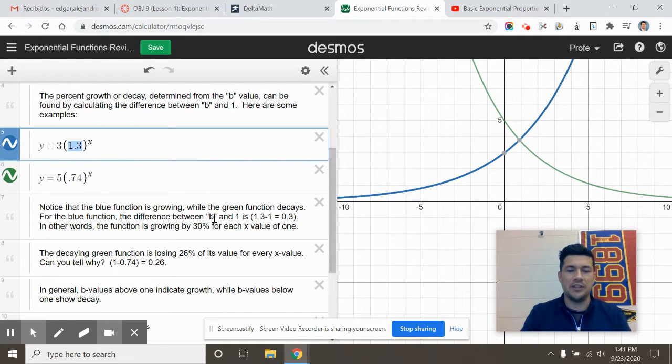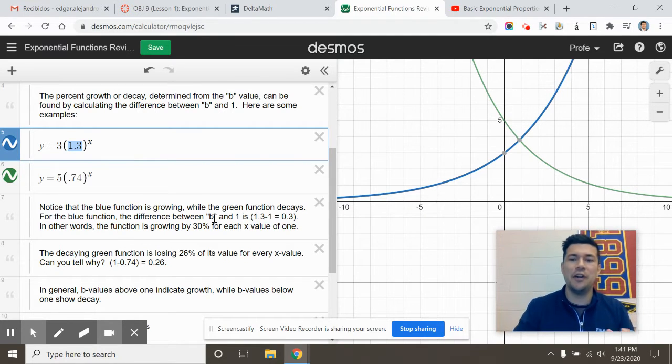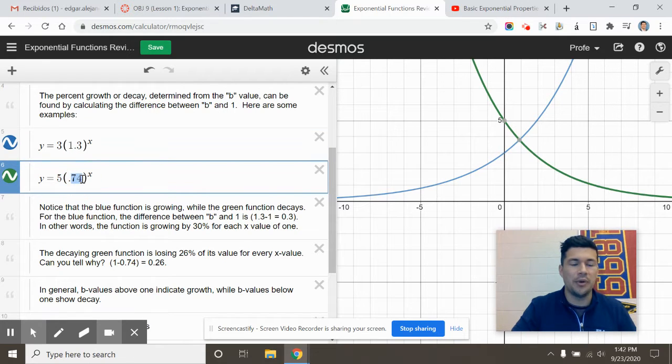So 1.3 indicates growth. The reason that it indicates growth is that it has a difference of 0.3 from the value 1. So to find the growth or the decay, take your b value and find its difference from the value 1. For example, 1.3 minus 1 is 0.3, meaning that we have a 30% growth in the blue function. And the green function, we have our b value of 0.74.